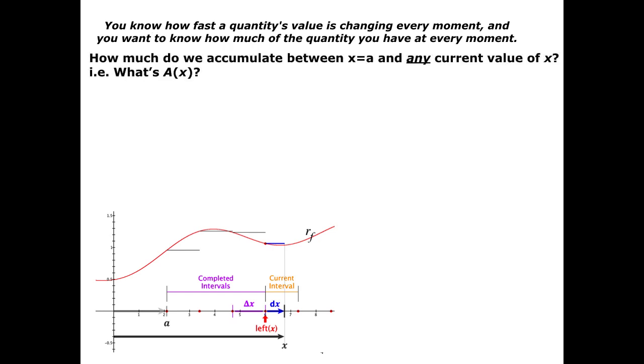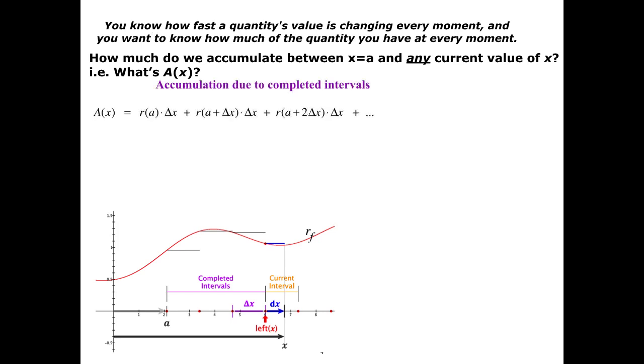Again, we do that for all of the intervals between our starting point and our current value of x, if we want to write a function or find a value. We calculate each of those complete intervals plus any leftover partial interval amount of accumulation to get a numerical approximation. So by splitting it into these pieces, for each complete interval that x has passed, we pick a rate from the left side of the interval.